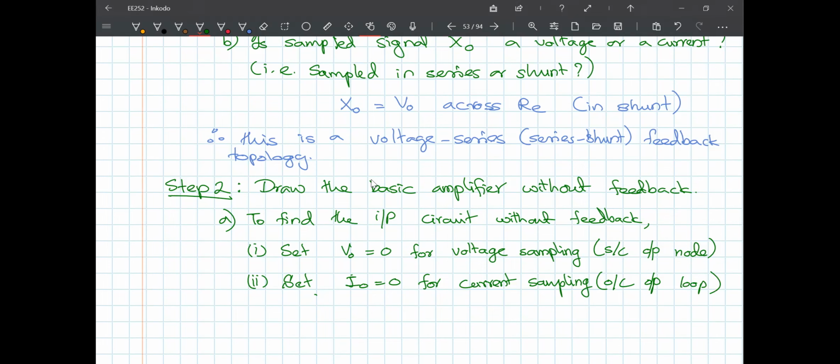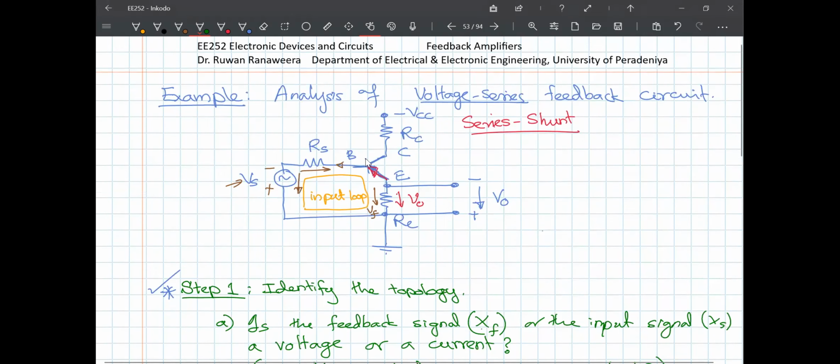Now what do we have here? We have output is a voltage clearly, right? So what do we do here? Then we have to short circuit this path. It's as if we have a short circuit across there. Okay, so let me mark it in a different color.